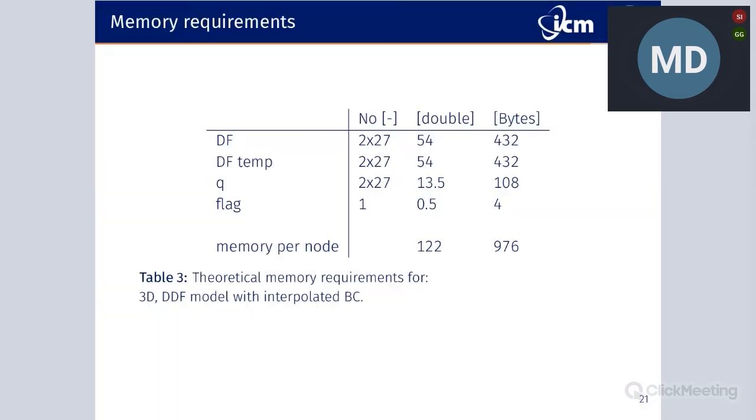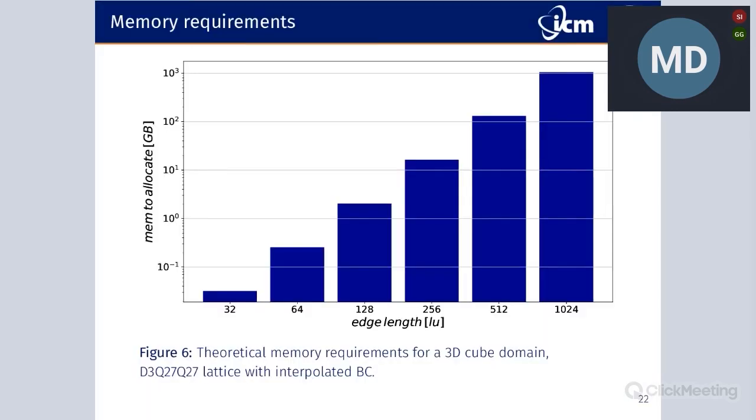For the cases Grzesiek showed you, the memory requirement is almost 1 kilobyte per single node in 3 dimensions, which is not big, but we need quite a lot of those to obtain realistic simulations, especially if you want to see turbulence or those types of phenomena.